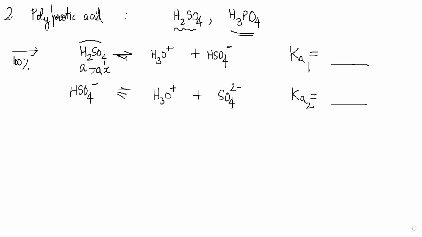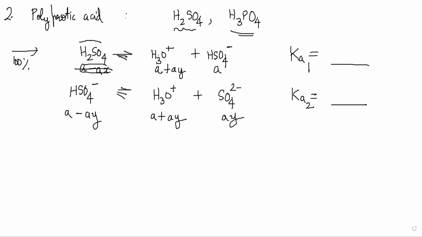So if you start with A, you get A here and A here. A here will go A minus Ay, and this becomes A plus Ay, and this is Ay. It cannot be two different H3O plus concentrations.